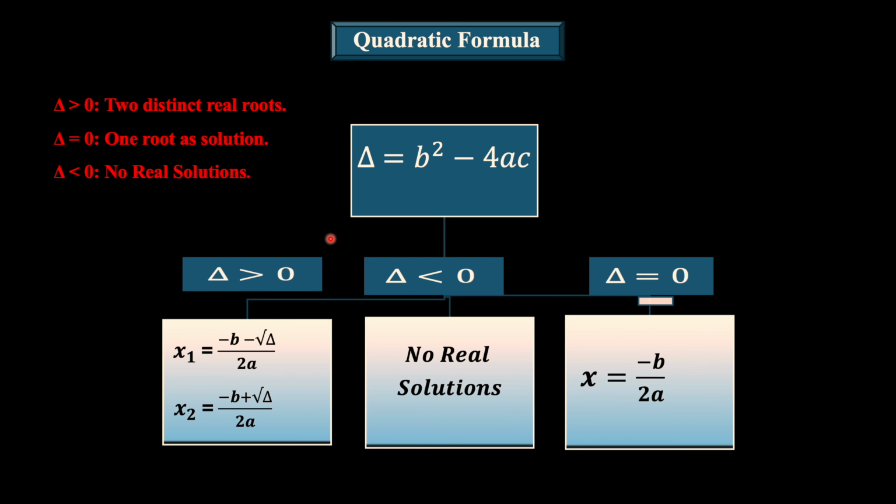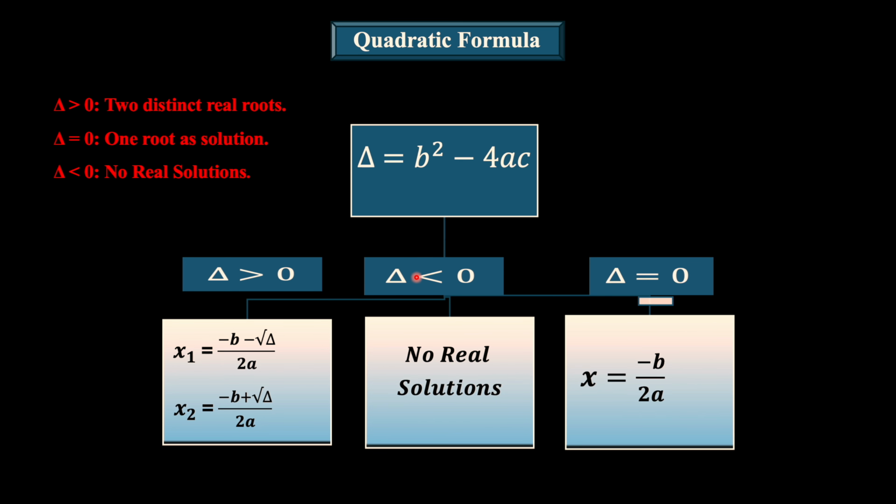Always you have three cases after finding delta. First case is delta is bigger than 0. So after applying this formula, if you get delta bigger than 0, you will have two solutions. You will apply x1 is equal to minus b minus the square root of delta over 2 multiplied by a, and x2 is equal to minus b plus the square root of delta over 2 multiplied by a.